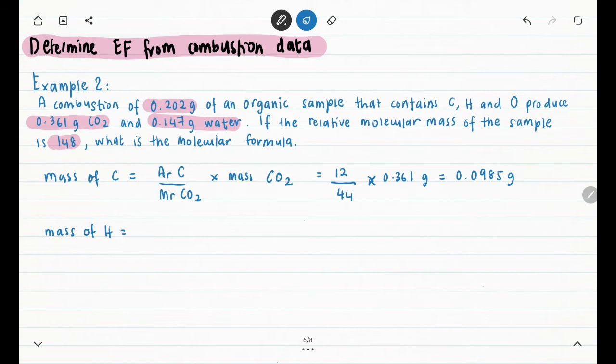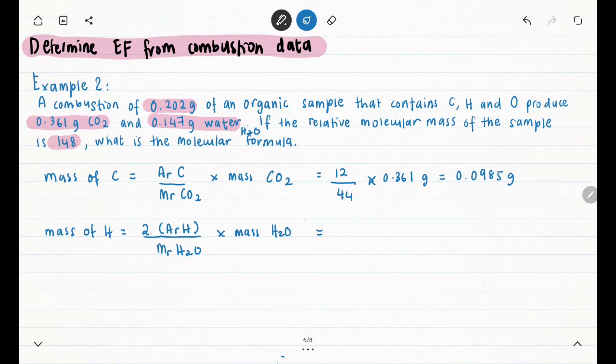Since the molecular formula of water is H2O, inside water we have two atoms of hydrogen. So the formula is 2 times the relative atomic mass of hydrogen divided by the molecular mass of water, times the mass of water.